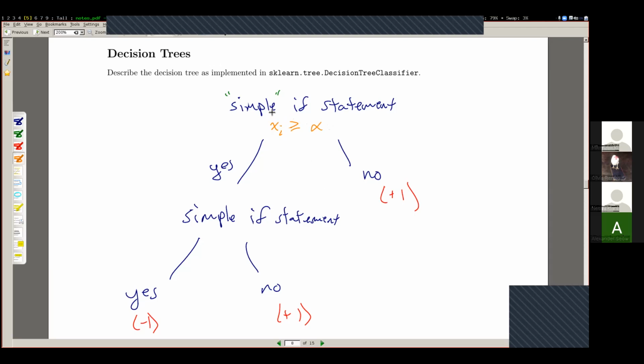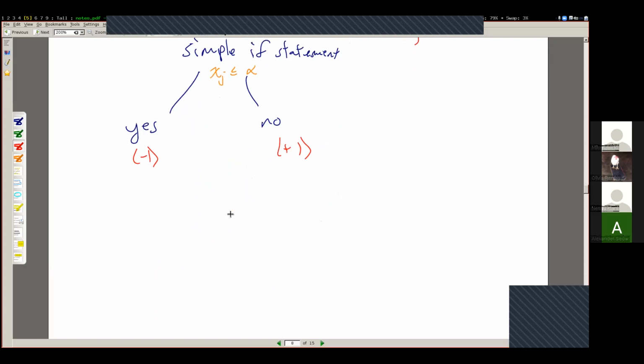Each one of these decisions only looks at a single feature at a time. You're never looking at a combination of features. The direction of the inequality can be either way, less than or greater than. We could have the same features for subsequent levels, or they could be different. It doesn't really matter.